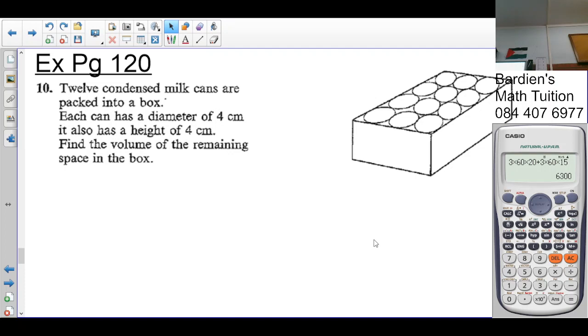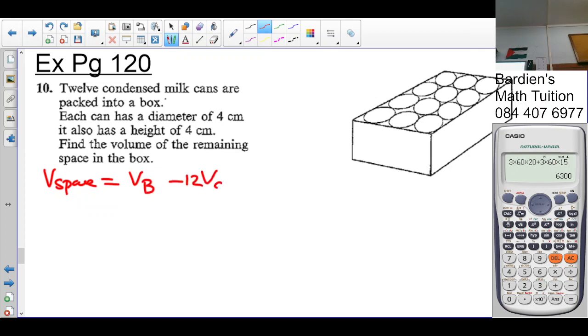So in other words, the volume of the space left would be the volume of the box minus the volume of 12 cans of condensed milk. How do you calculate the volume of a box? Length times breadth times height.